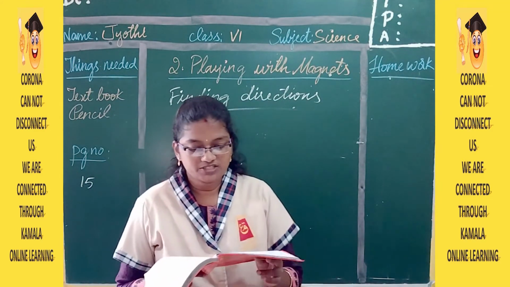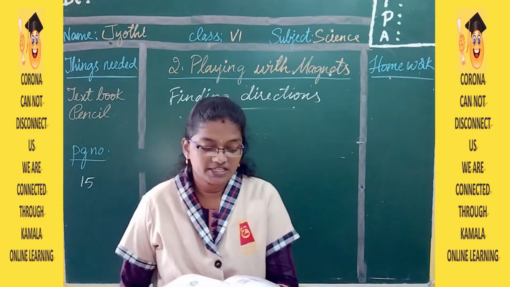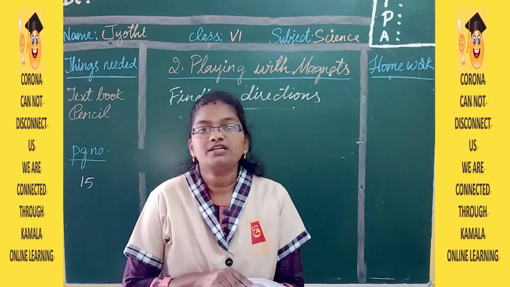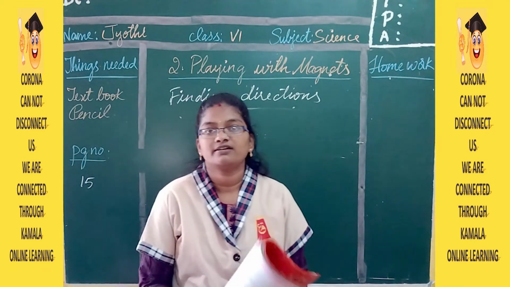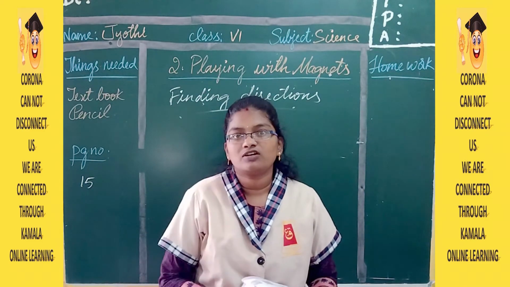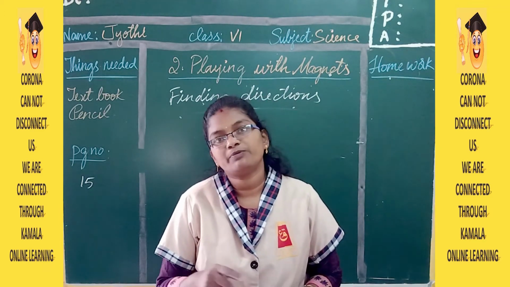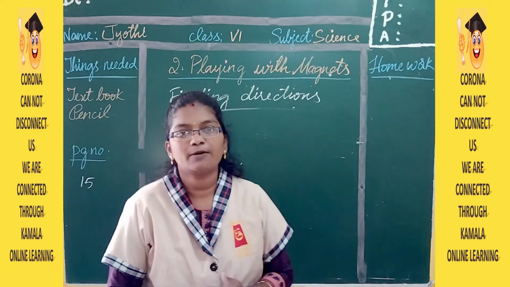So a compass is used to find the directions. It is used in ships and aeroplanes. And even mountaineers use this. The people who do trekking, they do skating and all on the snowy mountains, right? So these people and the people who travel, the pilots, they are going to use this compass.